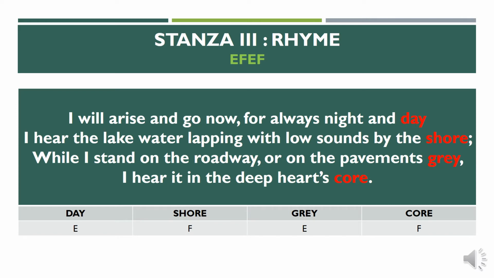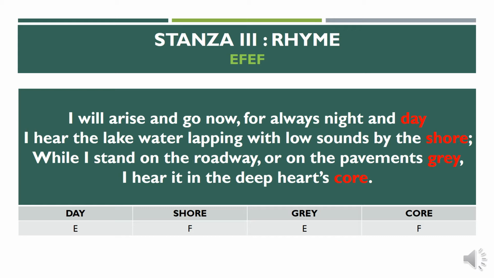The third and last stanza has the rhyme scheme EFEF. We left off in the previous stanza at D, so now we will give the new rhyme scheme to the word day. Day and gray are rhyming, so they will be given the same scheme.